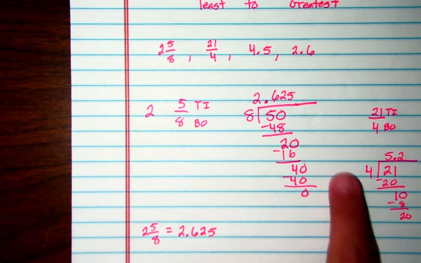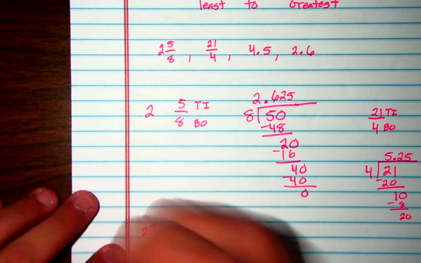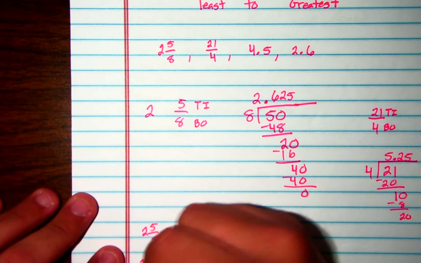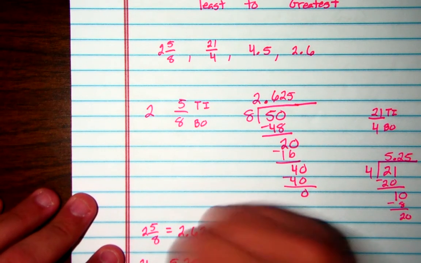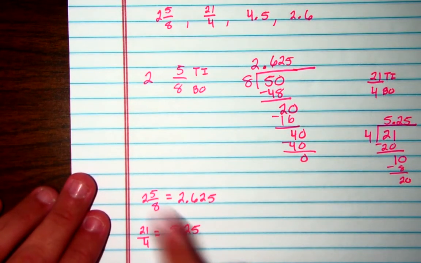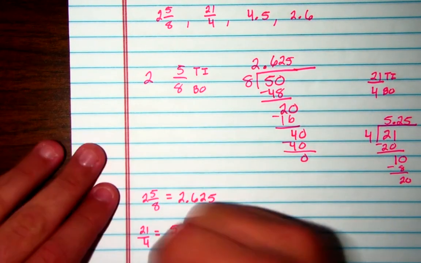And 4 can go into 20 5 times. So 21/4 is the same as 5.25. And now look, everything is now a decimal, isn't it? You converted the fraction to a decimal, fraction to a decimal, and then we still have these two decimals.